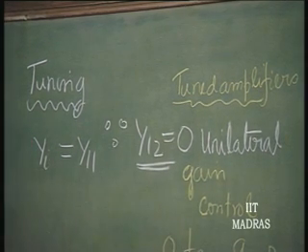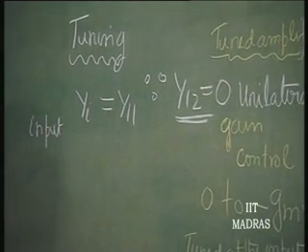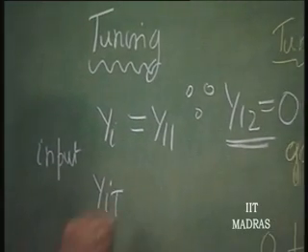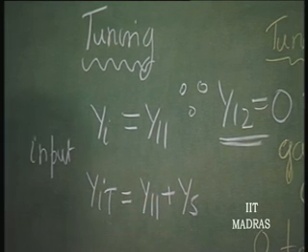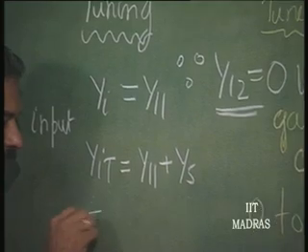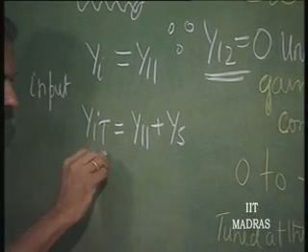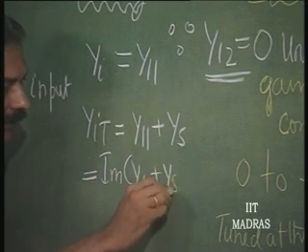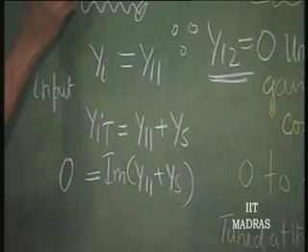What is tuning the input? yi is equal to y11, but yi total at the input is nothing but y11 plus ys, because this is the signal source. Tuning means making the imaginary part of y11 plus ys go to 0. This is what is called tuning.